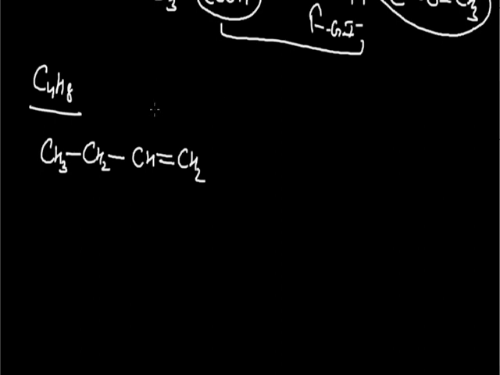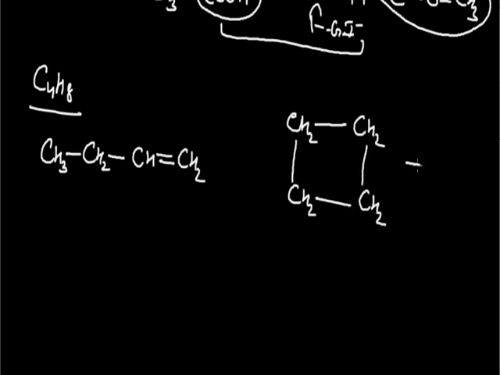So by this molecular formula, we can also write the structural formula of a cycloalkane containing 4 carbon atoms. This time the structure will be CH2 connected with CH2, forming a cyclic structure with another CH2 group, and the last one is also a CH2 group, which can be written in a square form with the 4 carbon atoms at the 4 corners.